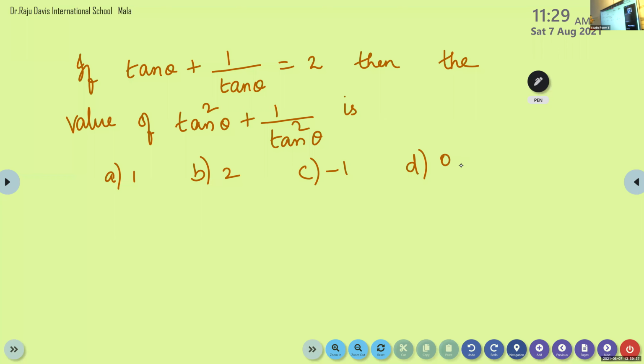What is the answer? It's a 1 mark question.